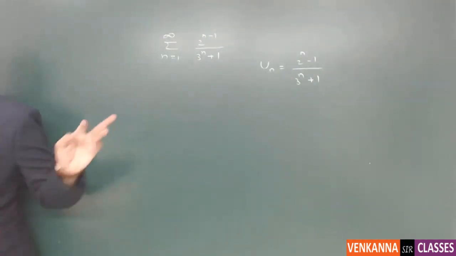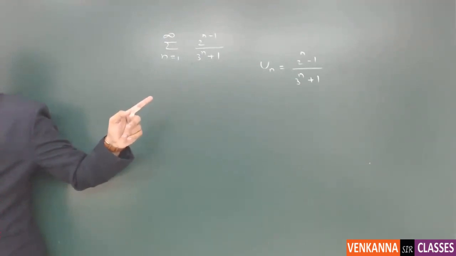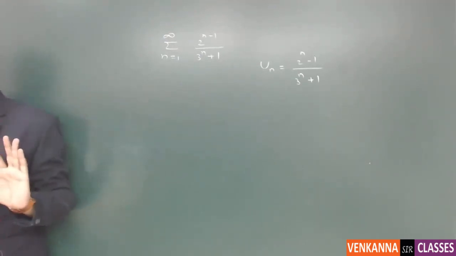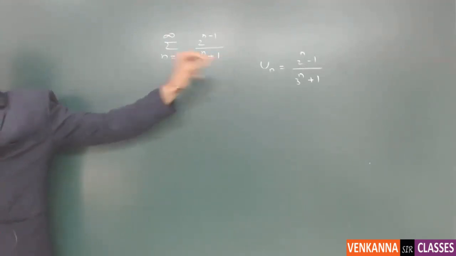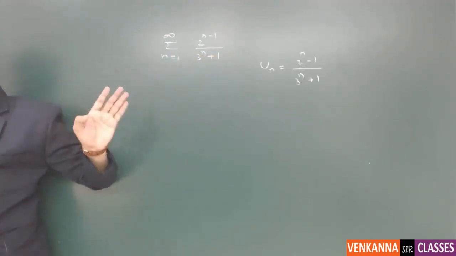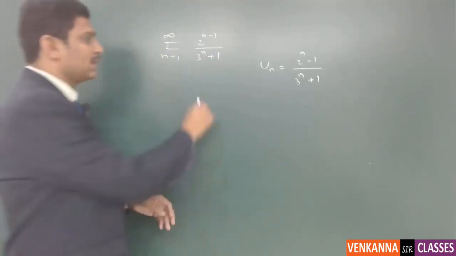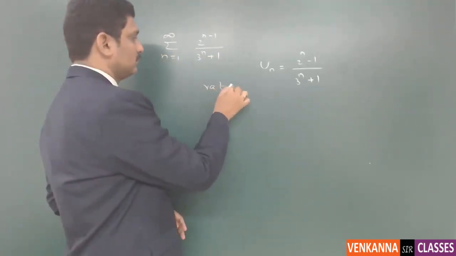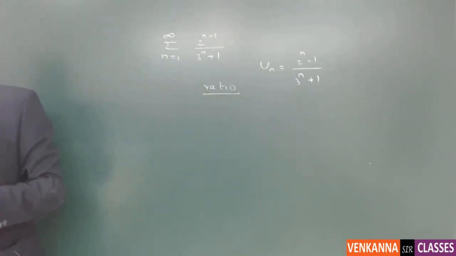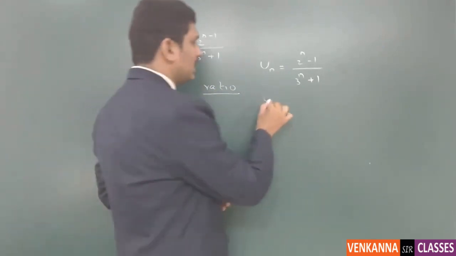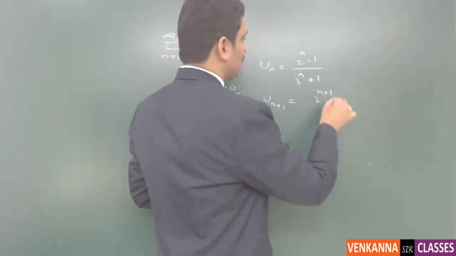Since taking common is not that much practically useful, you cannot apply the comparison test. If you want to apply whole power n, again you have a little difficulty there. So we will not apply the root test. Now we are applying the ratio test. So if you apply the ratio test, you calculate un plus 1 is equal to 2 power n plus 1.